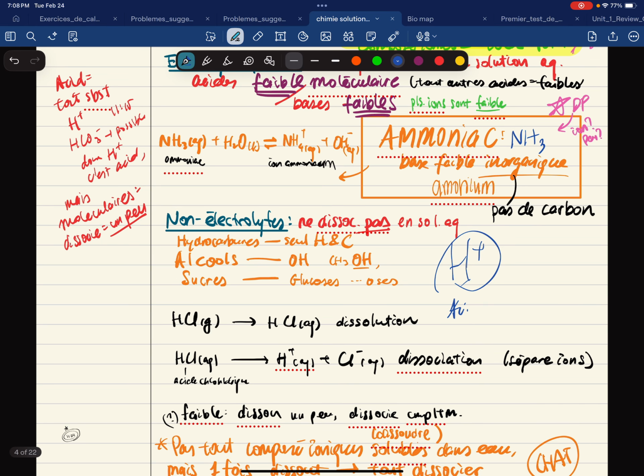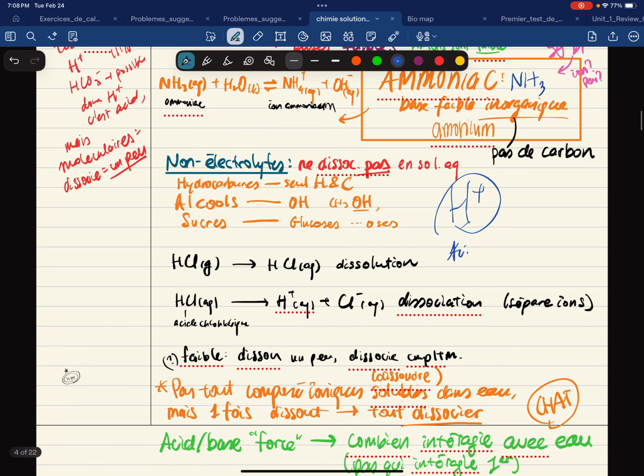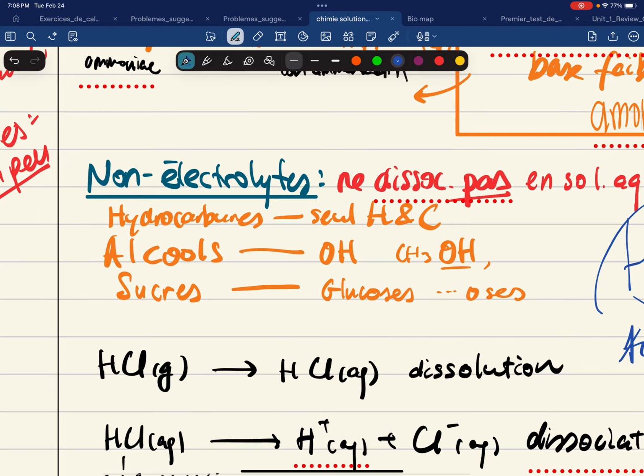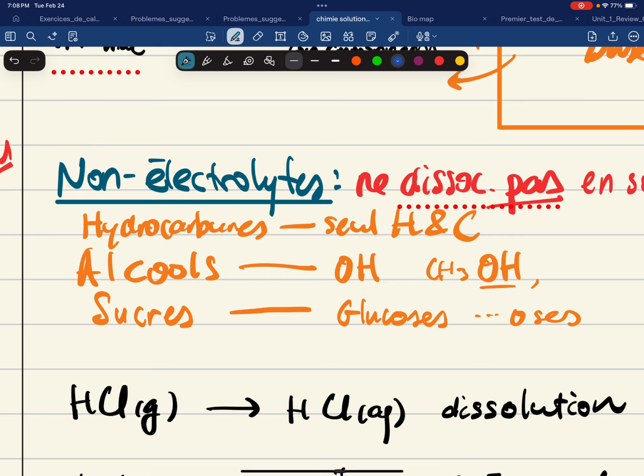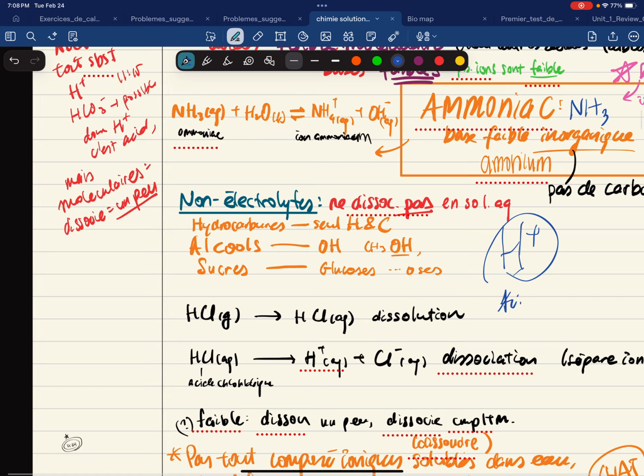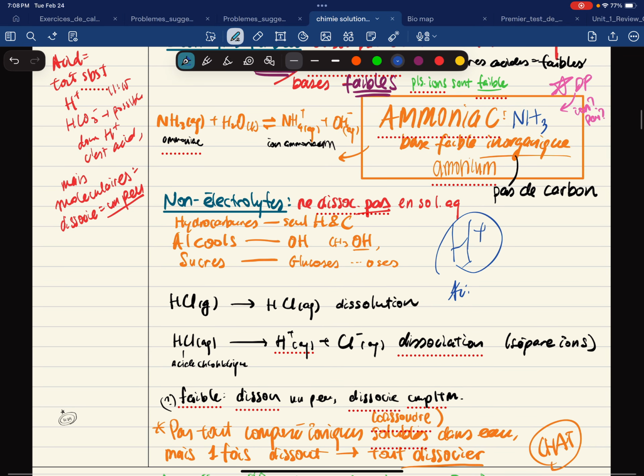Non-électrolyte. Did I go over everything? So the non-electrolytes are all the hydrocarbures, so H and C, so methane, ethane, that's all I know. There's a lot more, but anything that has to do with like CH4 or C3H10O8 or something.